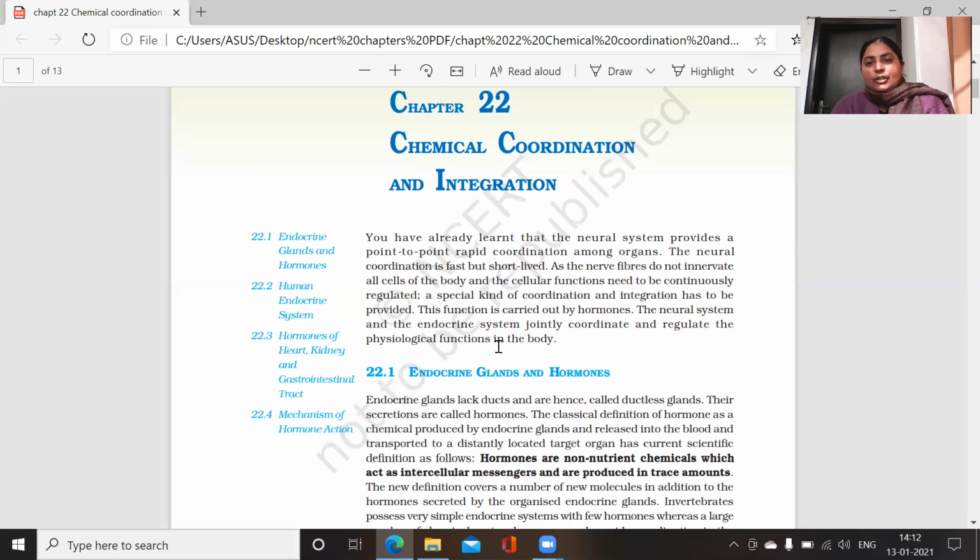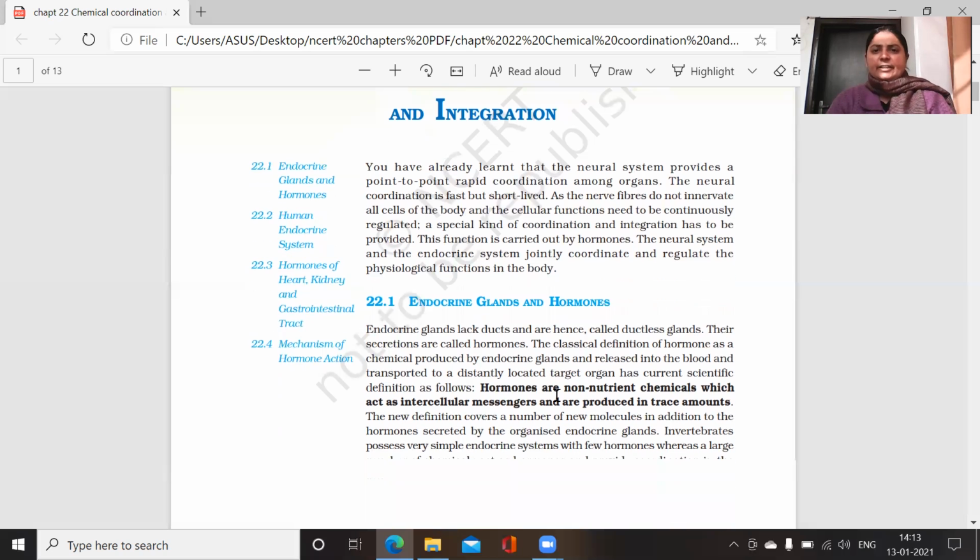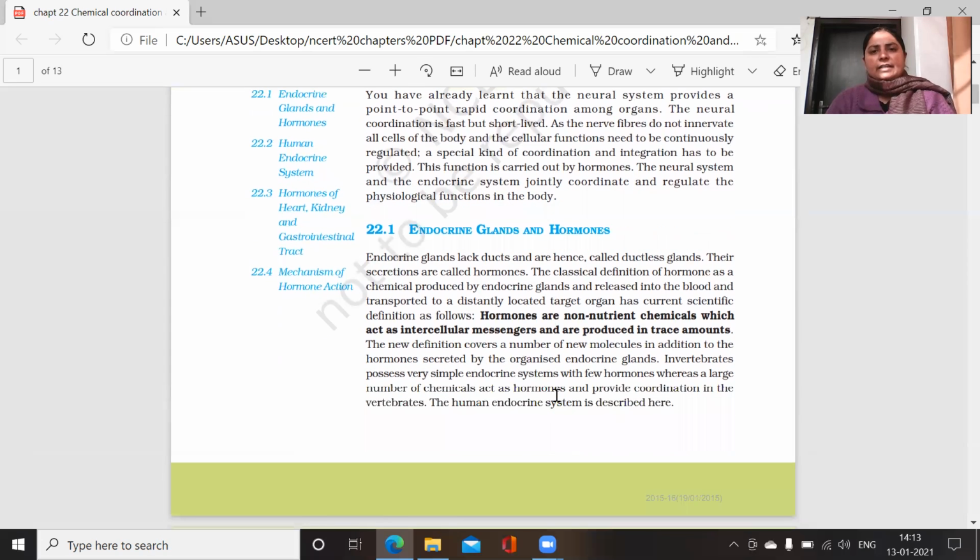This neural system and the endocrine system work jointly together, and they coordinate and regulate all the physiological functions happening in your body. Okay, students, let's see in detail what these endocrine glands and hormones are.